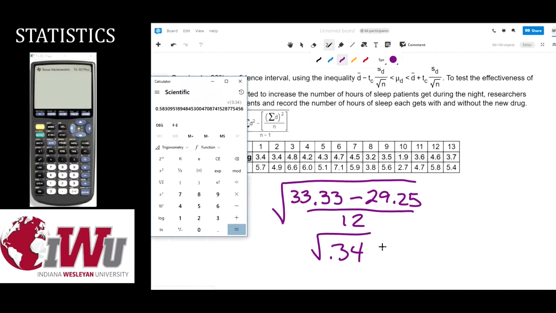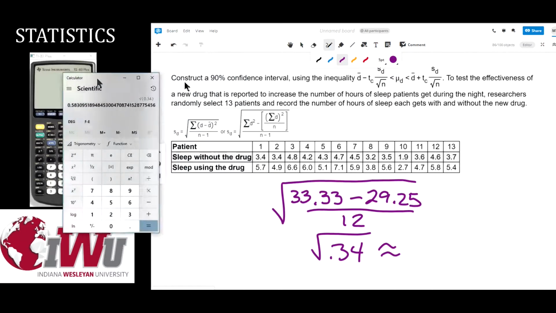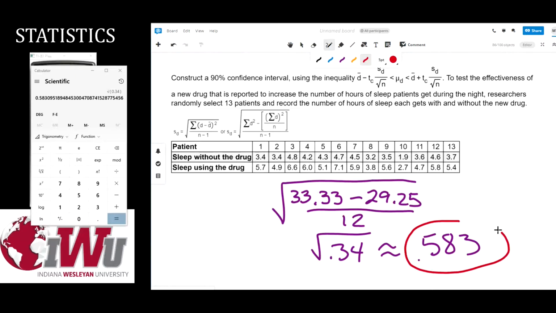So this is about 0.583. So what is that 0.583? That 0.583 right here is actually that piece, the SD of this confidence interval. So that's what that is.